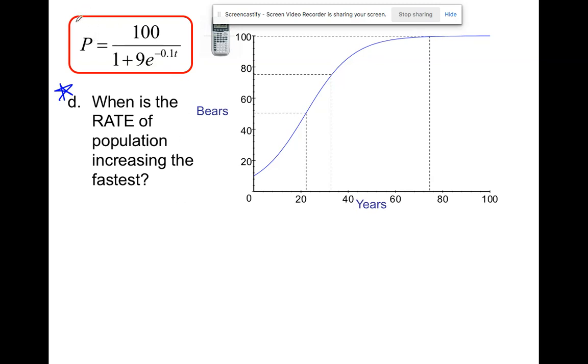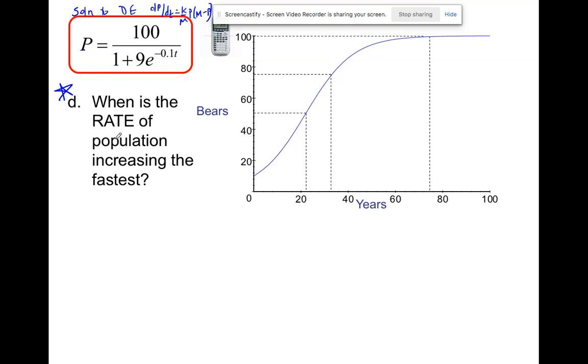Remember, this is the solution to a differential equation where the rate of change of the population with respect to time looks like that, right? You didn't have to solve that using calculus. You were allowed to go right to the solution and then solve for your A and your K. So here's where they're going to get you with some calculus.